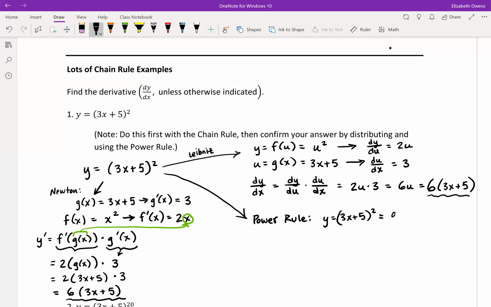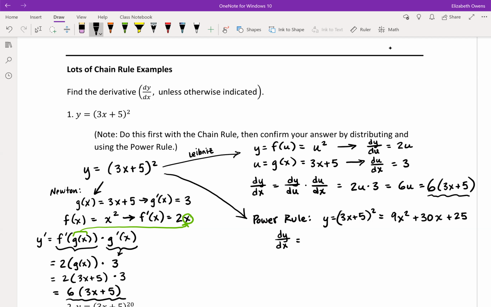Remember to actually distribute everything like a full-on FOIL process. So that would be 9x squared, and then plus 3x times 5, so plus 15x, plus another 15x. That would be 30x, and then plus 25. So that's just rewriting the function y. And then we could do dy/dx with a nice little power rule on that.